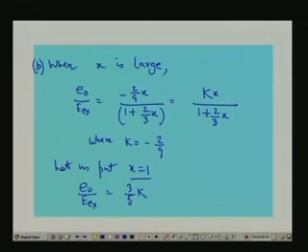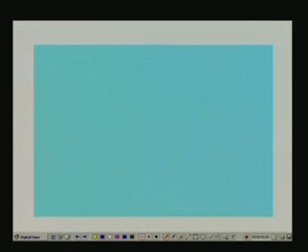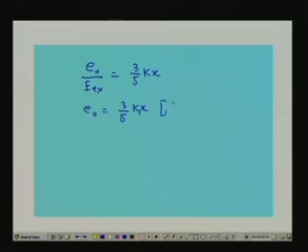If I plot E naught by E x on the y axis and x on the x axis, this will have a locus which will look like, if I take a new page, that E naught by E x will be equal to 3 by 5 k x, which I can write again as E naught equal to 3 by 5 k 1 into x, where I can write k 1 is equal to k E x and it is a constant.